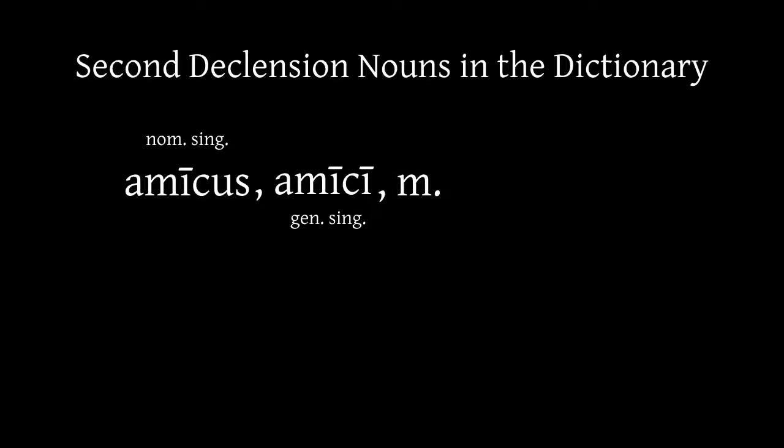In this case, it will always be masculine. Okay, so the masculines and the neuters share a declension together. They share the second declension. There are no feminine nouns in the second declension. There are only masculine and neuter nouns, and they always look like this.